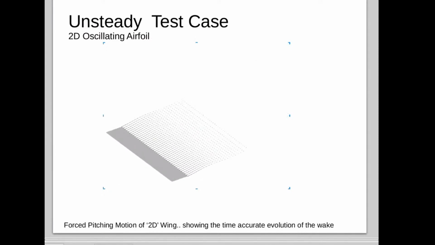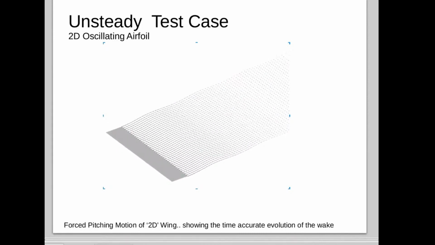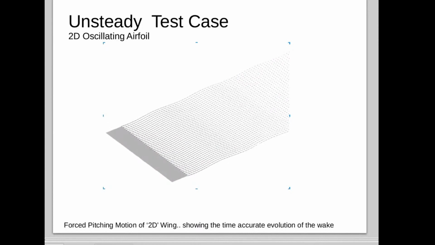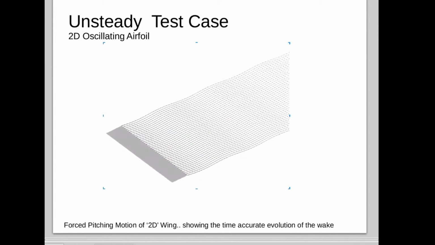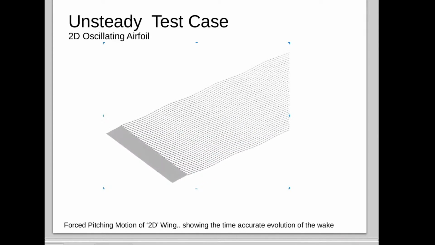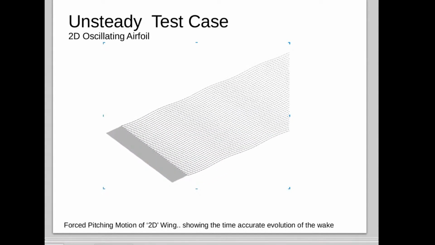And so they're shed off, and then at some point it basically hits a steady state, and this thing is just basically running, pitching, and you can see the shape of the trailing wake is obviously affected by the oscillating motion of the airfoil. Now, if this was a finite wing, if we were actually modeling all the tip vortices, the thing would start rolling up, and you'd get obviously much more complex wake geometry in the far field.